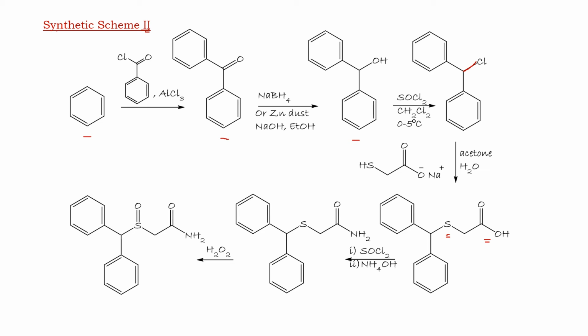The carboxylic acid can be transformed to the amide by first treating it with thionyl chloride to form the acid chloride, and instead of OH here, Cl, and then replace the Cl with ammonia to form this species. Upon oxidation with hydrogen peroxide, here is our target molecule.